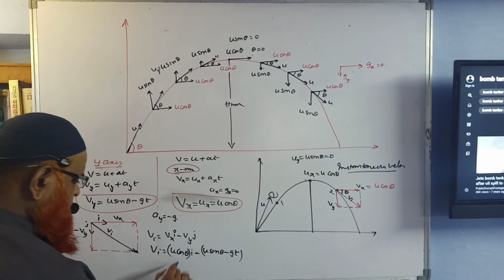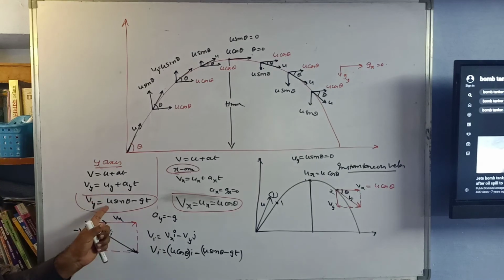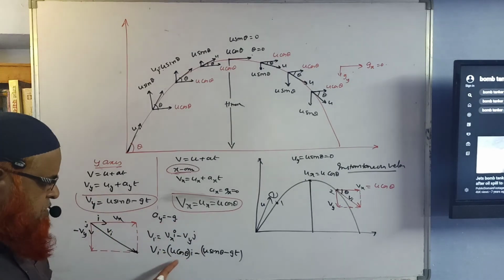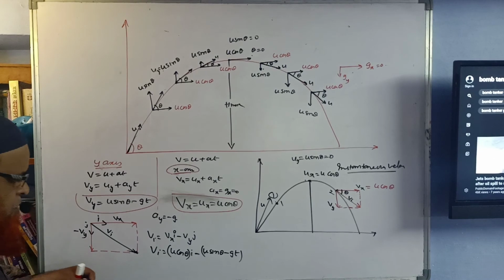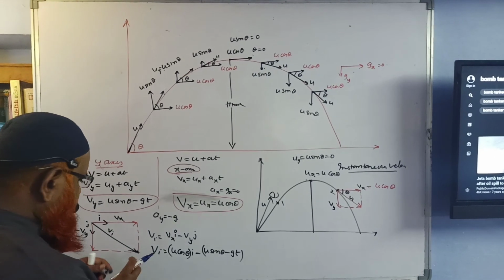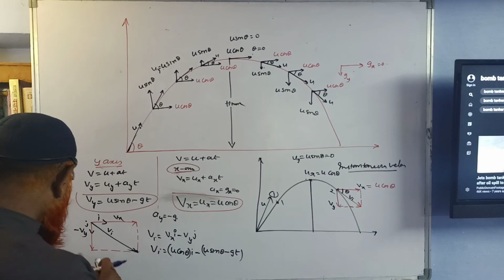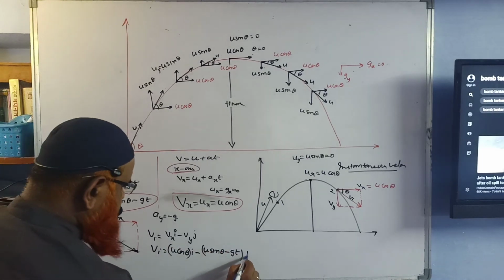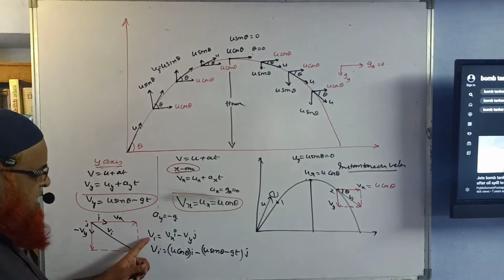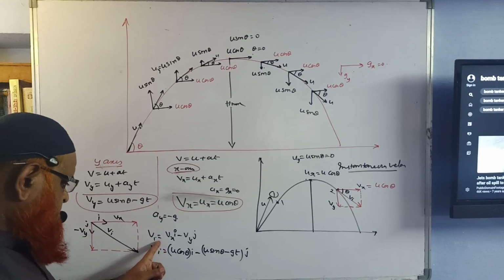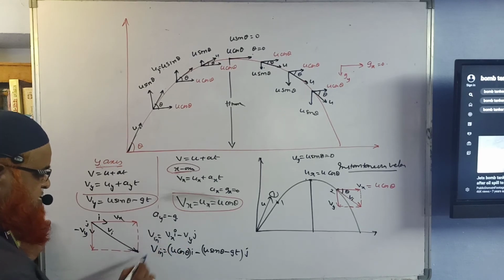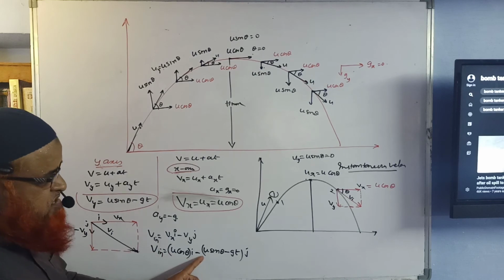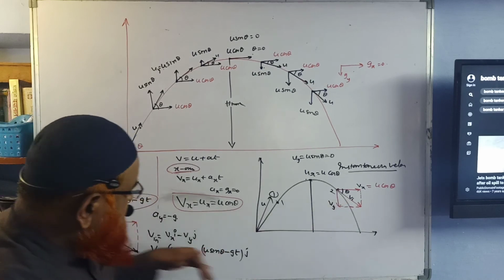So this is u cos theta into i, and this is u sin theta minus gt into j. So this is Vi, the instantaneous velocity. So we got the formula for instantaneous velocity. The formula for Vi is this one.